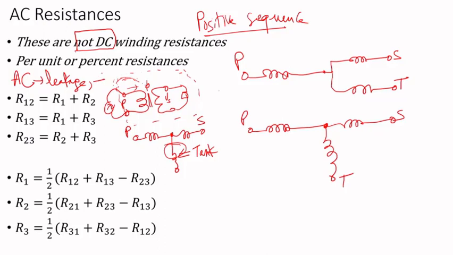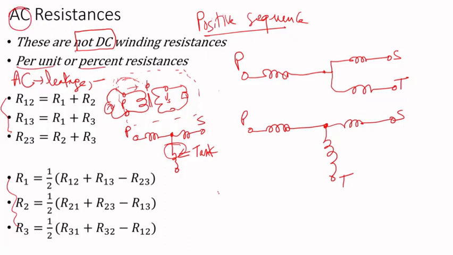On top of the DC winding resistance, because the winding has a conductor which has resistance, you're going to have some leakage flux that will cause extra losses in anything surrounding the core and coil, like the core frames, the tank, and so on. So just keep in mind, the resistances that I'm talking about here are not DC. They are AC resistances, and they can be per unit or percent.